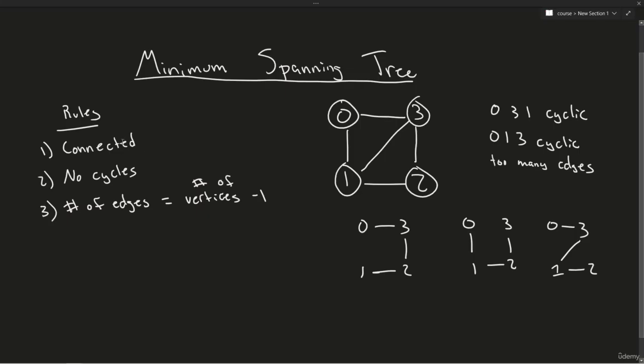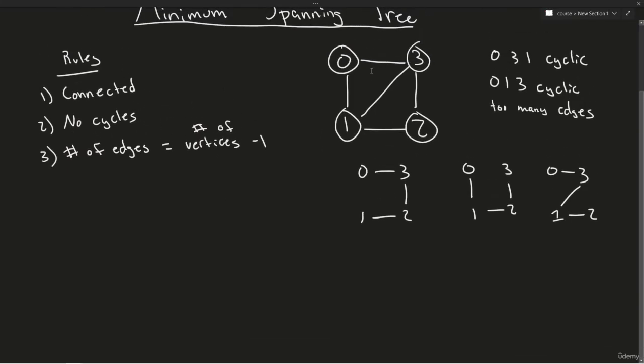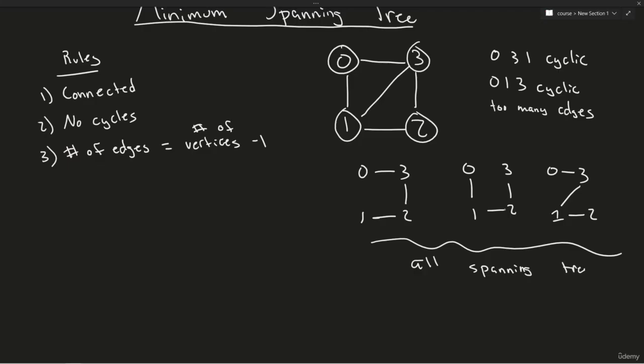And that is also a spanning tree. And we can continue making more spanning trees out of this, but I just wanted to show you some examples of what a spanning tree looks like. So these are all spanning trees.